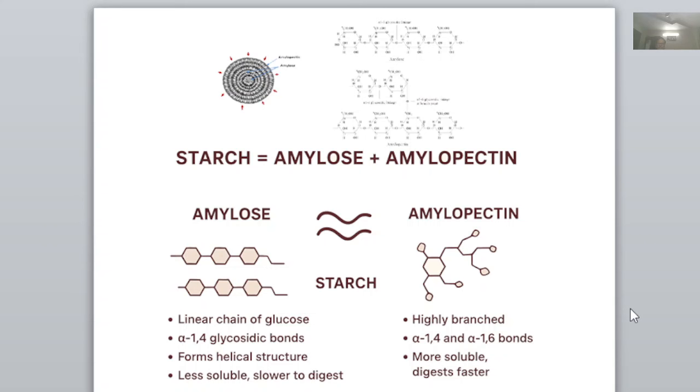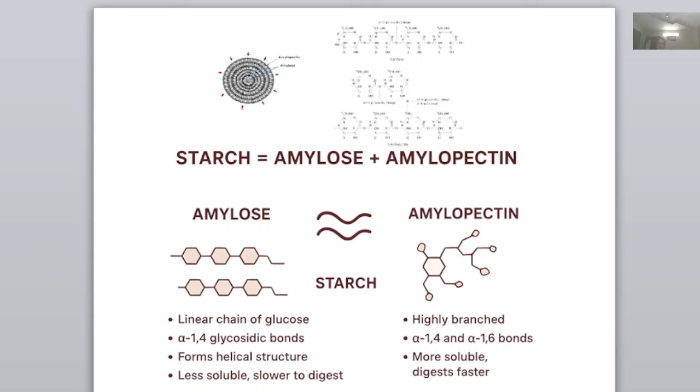Of course their solubility is a little bit different. Normally the content of amylose is 20 to 30% and amylopectin is normally in the 40 to 60% range. So whatever the initial changes are coming, they are coming in amylose and amylopectin.